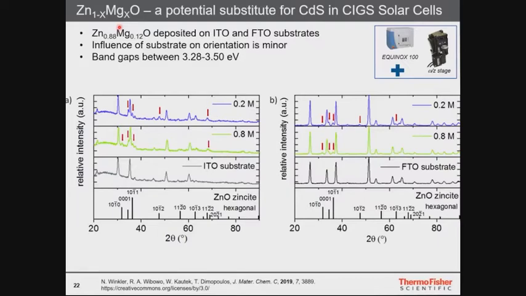But in this diffraction pattern, you can see that there is very little influence on the orientation coming from the substrate for both substrates. And the purpose of this study was control of the band gap of this material, and by varying the magnesium content, you can vary the band gap between 3.28 and 3.5 electron volts.